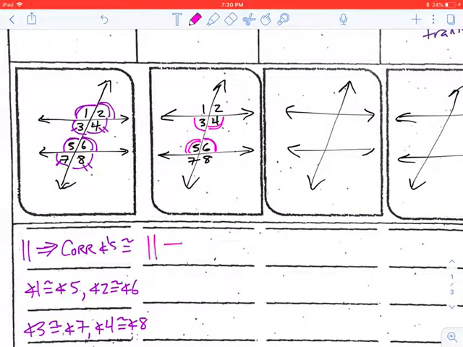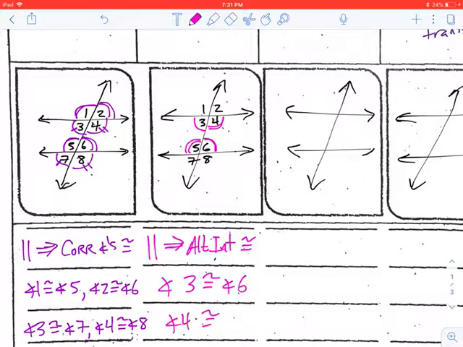If it's parallel, that implies that your alternate interior angles are congruent. That's a theorem. So, angle 3 is congruent to angle 6. Angle 4 is congruent to angle 5 because the lines are parallel, therefore their alternate interior angles are congruent. Okay?